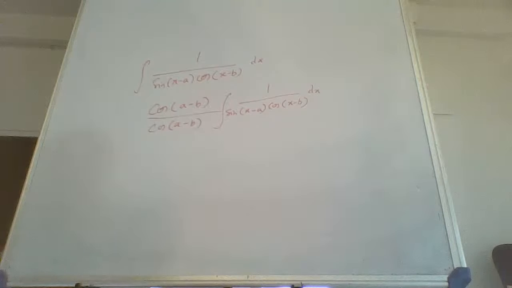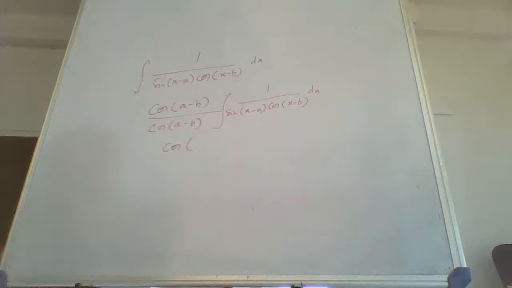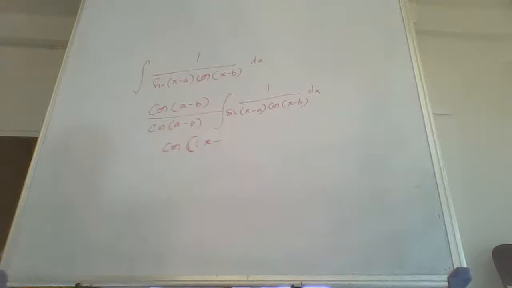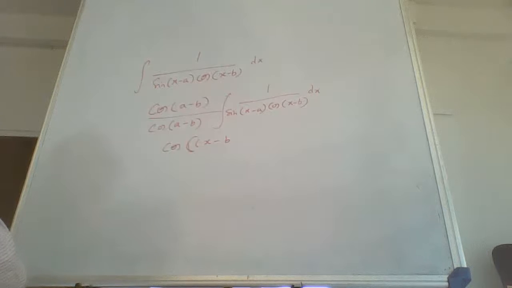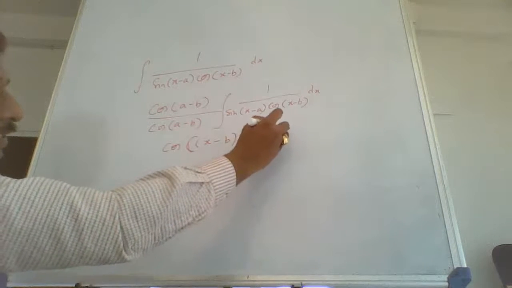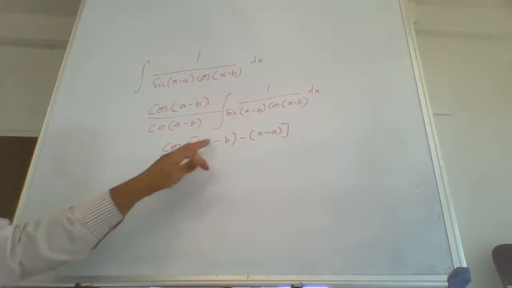Okay, so this is done. Let me take one cos inside the function. Let me put in brackets: x minus b, and minus of x minus a. So if you look at this, x gets cancelled.